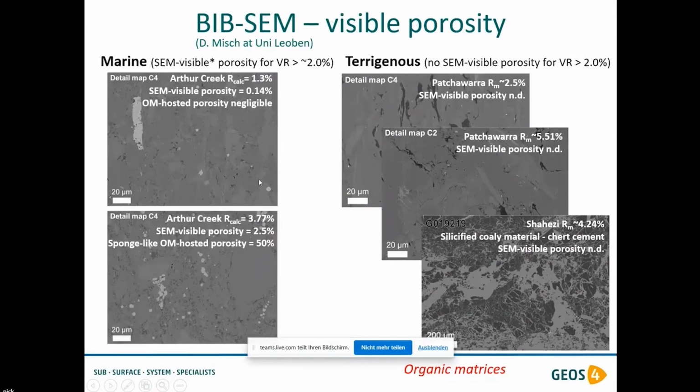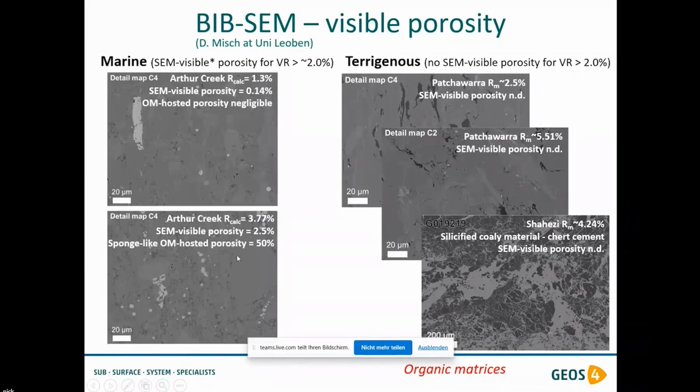In contrast, for the marine Arthur Creek Formation shales, the SEM visible porosity increases from 0.1 to 2.5%, going from 1.3 to 3.7% vitrinite reflectance, whereas the organic matter hosted porosity really increases from nothing to around 50%.